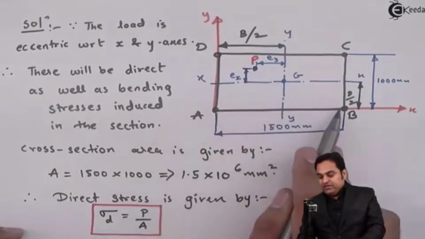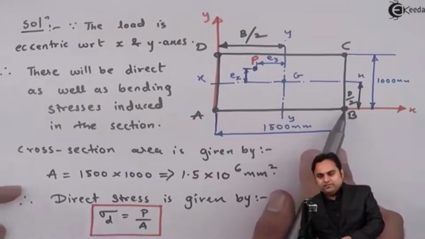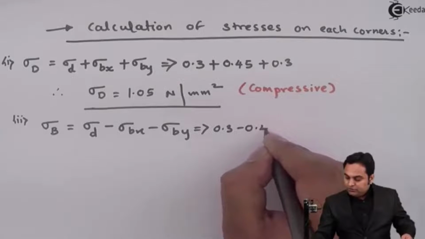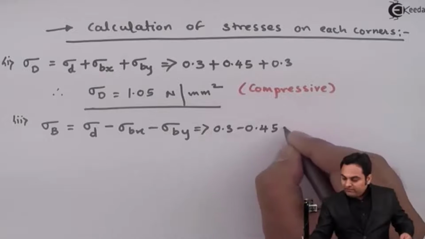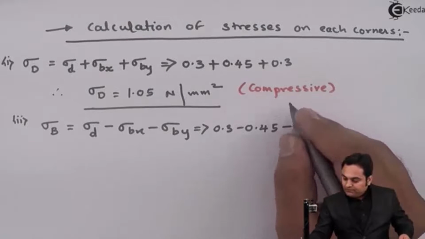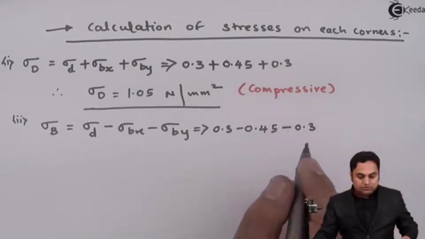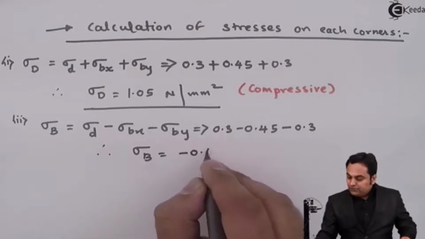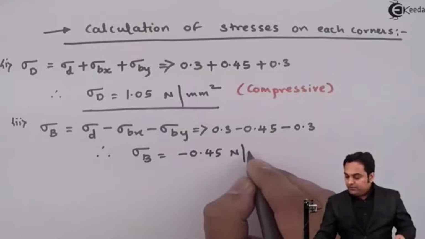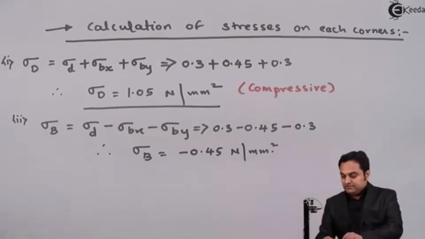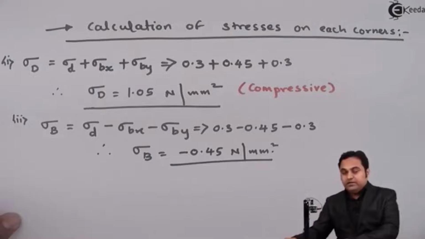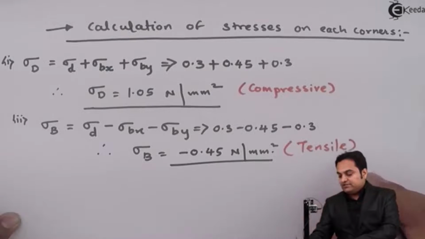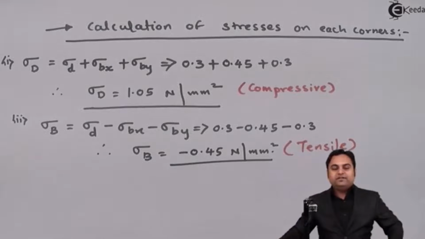The load is extremely far away from B, so B will have minimum stress. So here it is 0.3 minus 0.45 minus 0.3, so that comes out to be minus 0.45 Newton per mm square. And as this answer is negative, in this chapter we take negative values of stress as tensile. So here we have tensile stress.